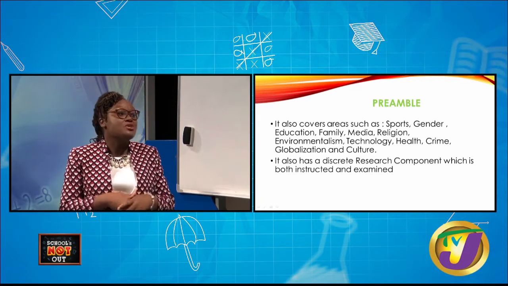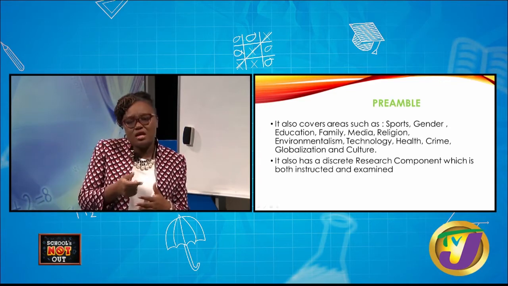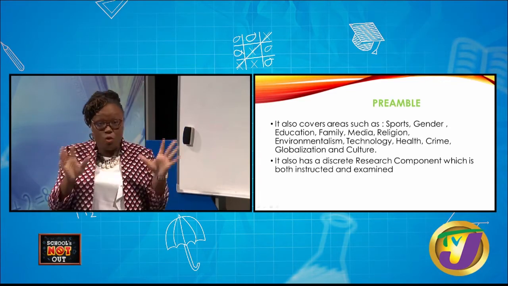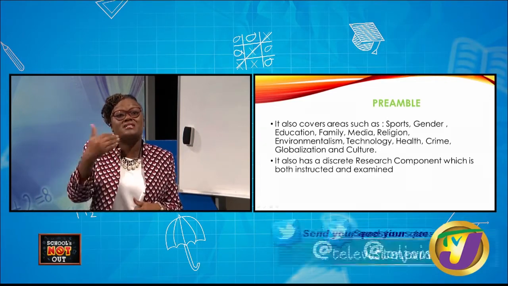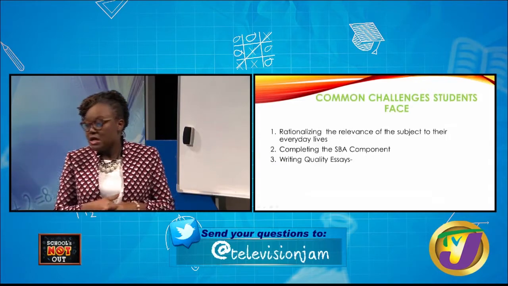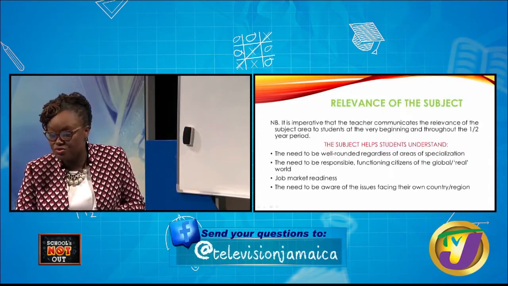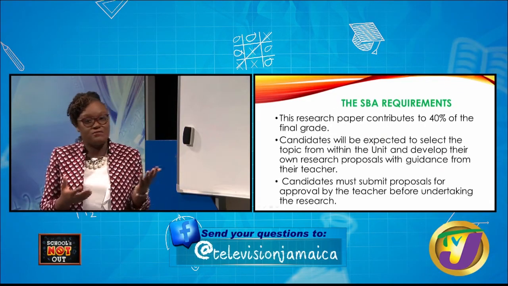All right. So the research component is really based on module 3 of the syllabus. All of what is contained in the research area of module 3, that is what you are executing in doing your SBA. All right. So as we say, what interests you? What is it that you want to do as an individual? Right?